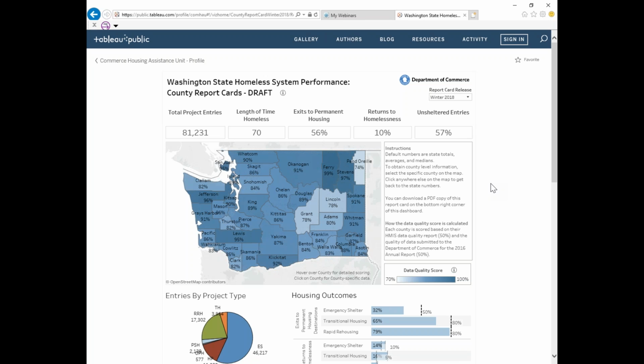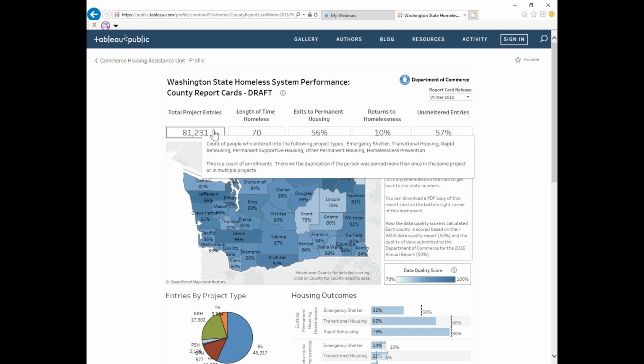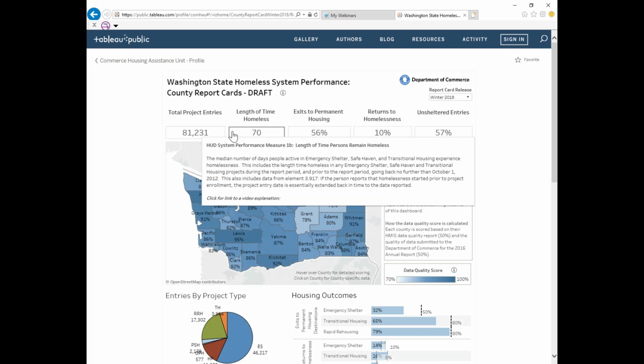Okay. Next section. Like I said, all of these little I symbols have tooltips that have additional information. To get information about how each of these measures were calculated and what kind of project types are included, you can hover over and it gives you some more information.